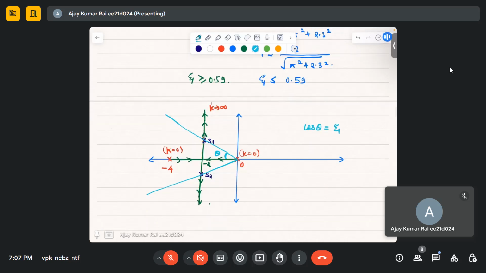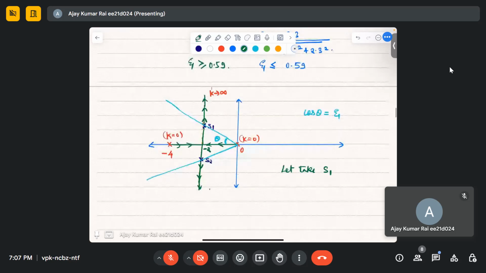So how do we get this zeta? Let's take S1. Let's suppose this is one of the closed loop poles, which is satisfying zeta. It has minus zeta omega n plus omega n root of 1 minus zeta square.